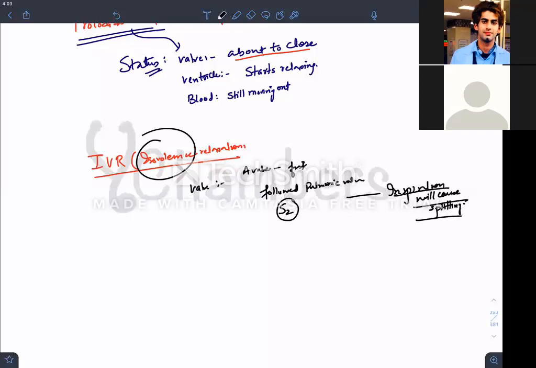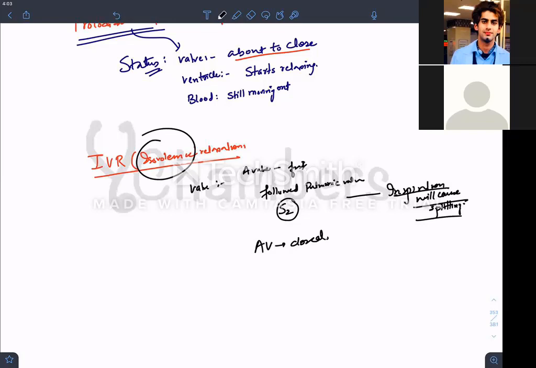That's why I keep all the valves closed, so the AV valves, tricuspid and mitral, are also closed. I will say mostly closed during this phase.